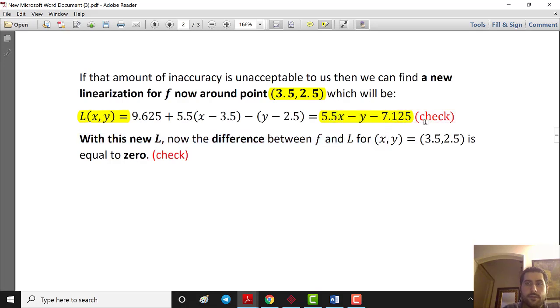Okay, you can check it for yourself. And with this new linearization around point 3.5, 2.5, now the difference between F and L for point x and y equal to 3.5, 2.5 is equal to 0. You can check it for yourself.